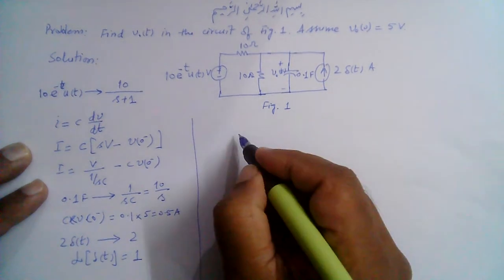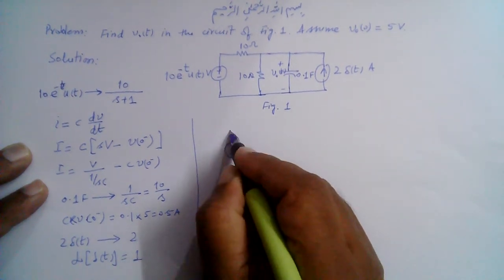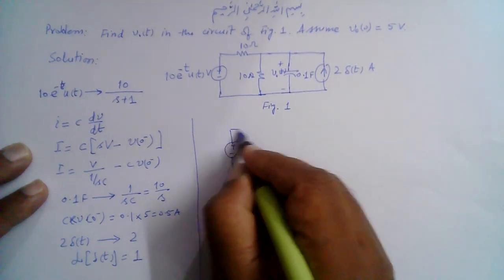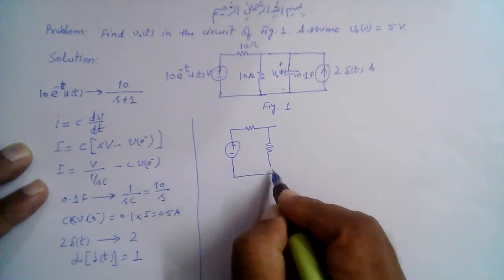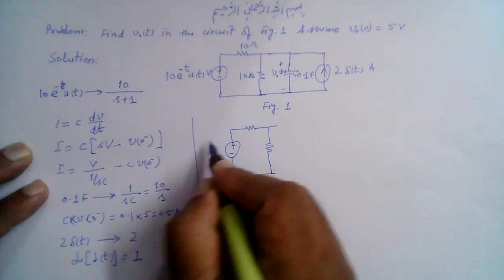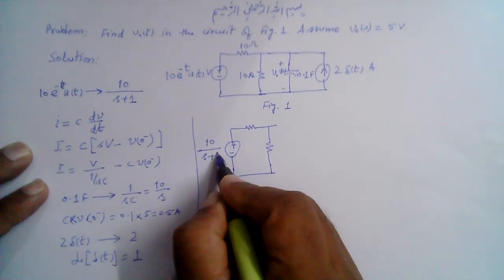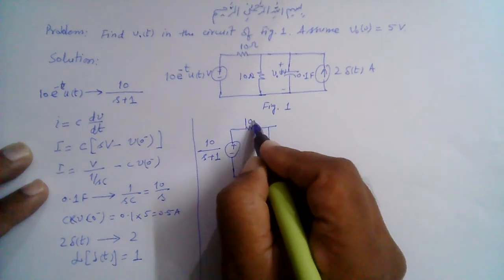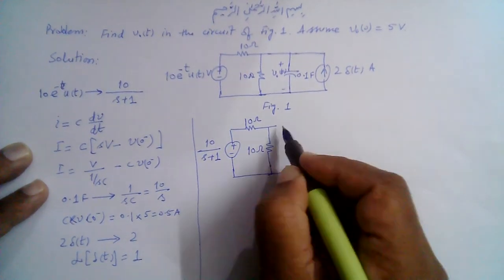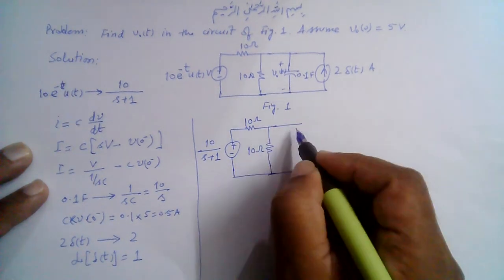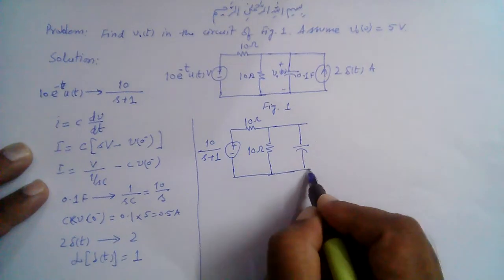So the transformed circuit becomes this: this is 10 ohm, this is 10 ohm, and this is 10 over s plus 1. This is 10 ohm, this is 10 ohm, right? And we have this capacitor here, right?